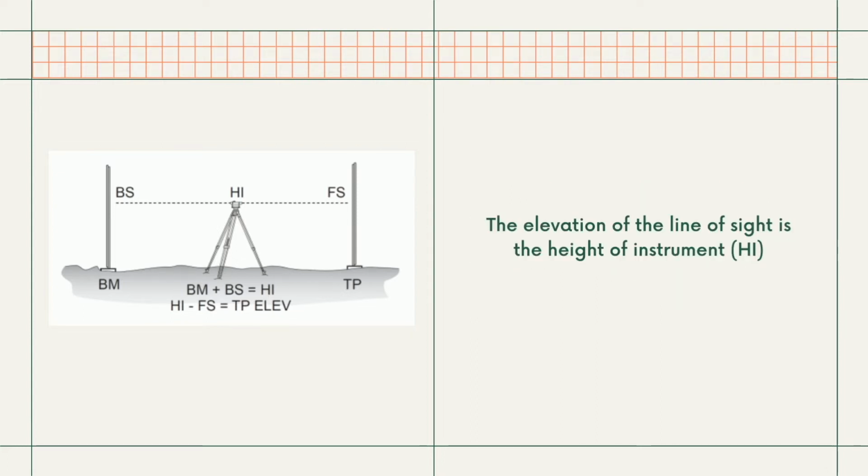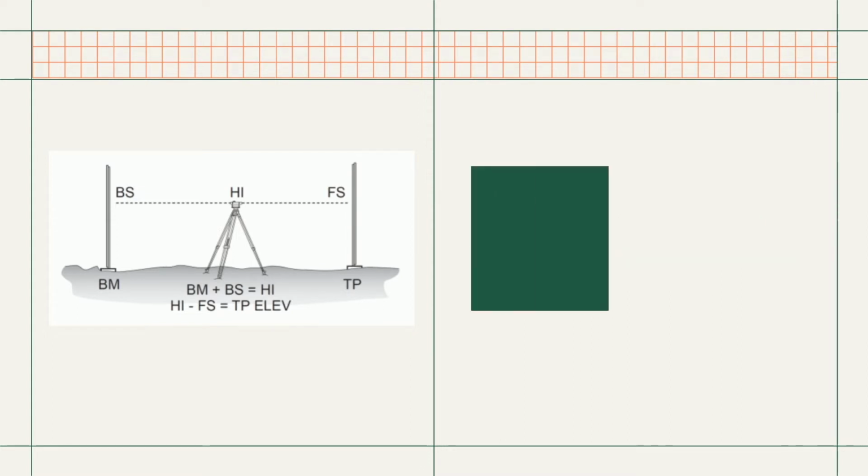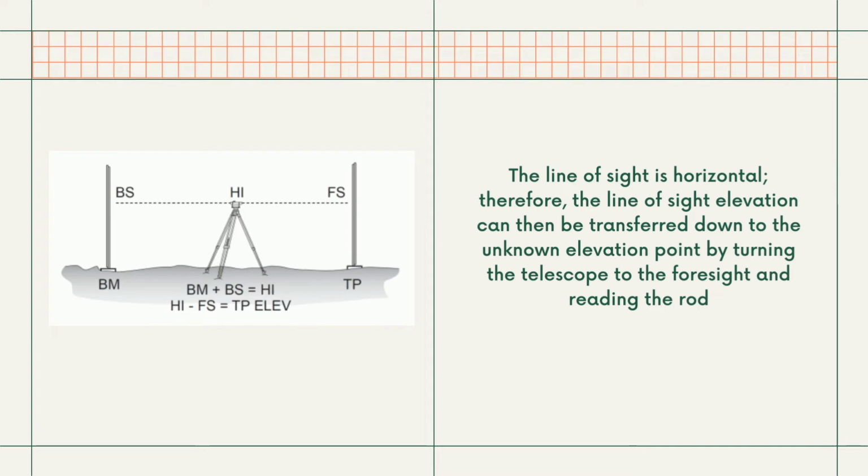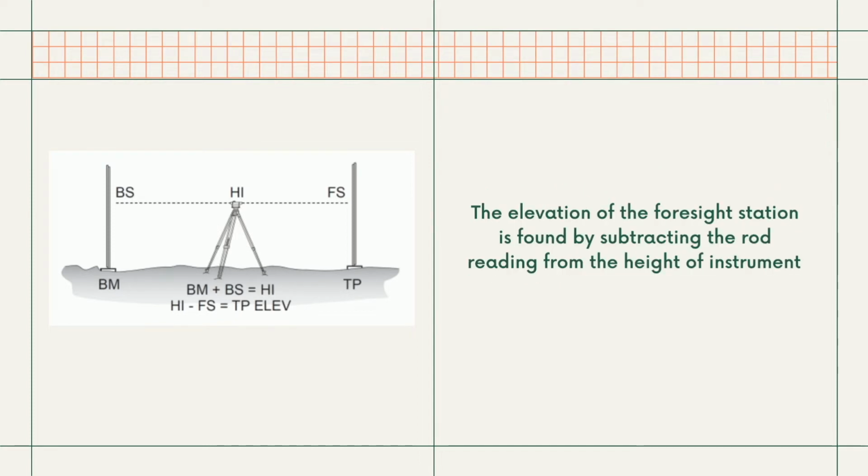The elevation of the line of sight is the height of the instrument or HI. By definition, the line of sight is horizontal. Therefore, the line of sight elevation can then be transferred down to the unknown elevation point by turning the telescope to the foresight and reading the rod. The elevation of the foresight station is found by subtracting the rod reading from the height of the instrument.